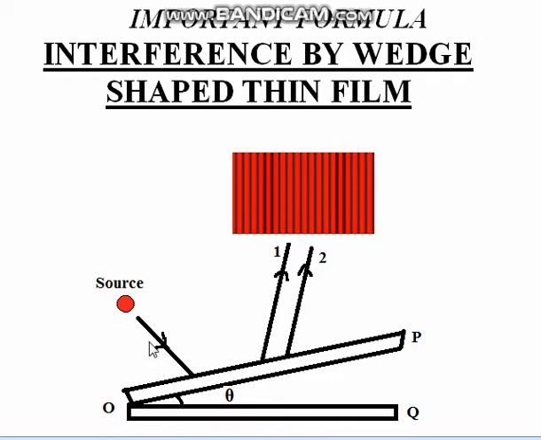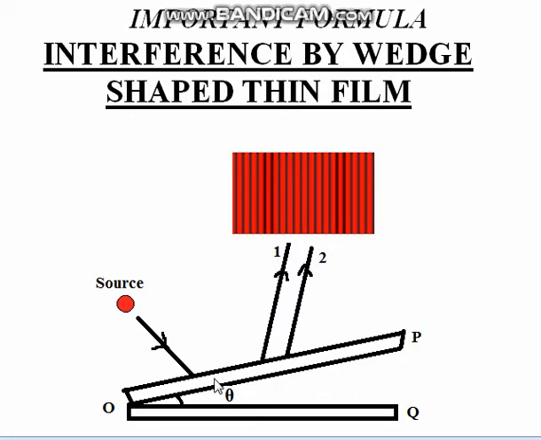Okay, so here suppose that there is a monochromatic light source. That means the source of a single wavelength and of a single color, and light falls on the upper surface.